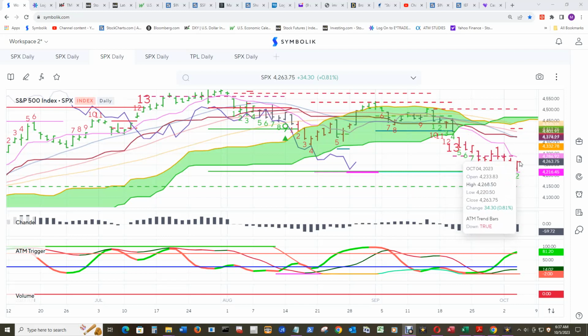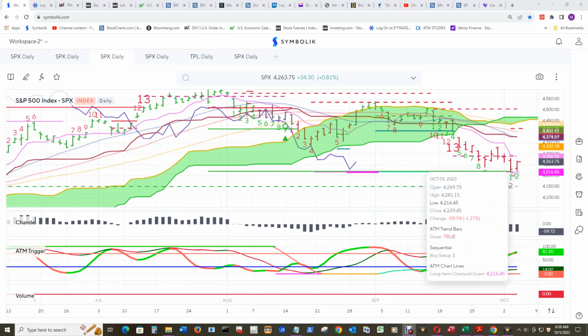All that needs to happen is to have a close lower than this close from the bar on the 4th and the bar for today on the 5th, end of day. And looking forward, if that does happen, then it's going to be a lot easier to tick lower than this low over here.